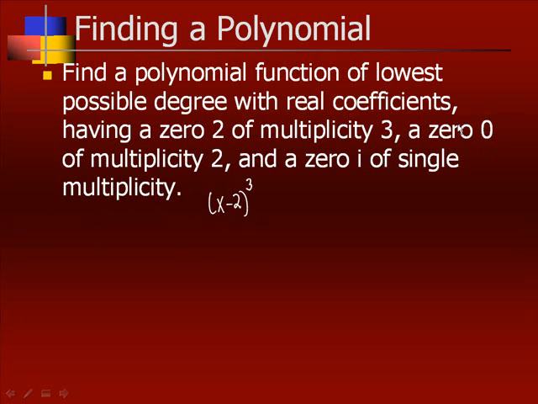Having a 0, 0 means the factor would just be x of multiplicity 2, means it's squared. And having a 0 of i means we're going to do x minus i. Then it says of a single multiplicity. Well, that would be 1, but remember, its conjugate must also be in there. So this would be our function.